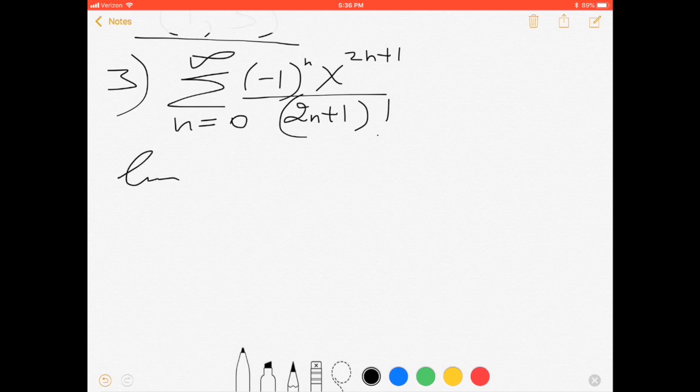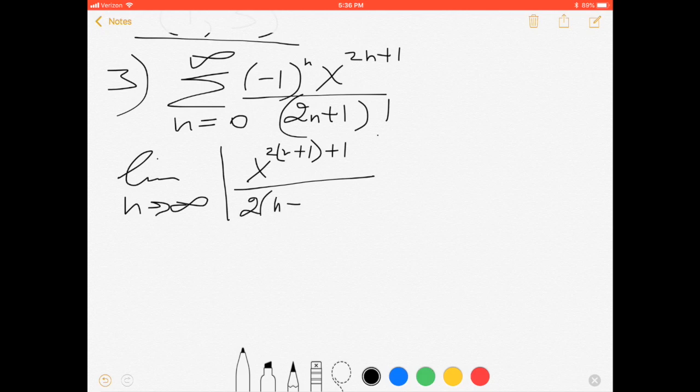You can write the limit as n approaches infinity of the absolute value. Because it's the absolute value, the negative 1 power we skip, and here we have x to the power 2(n plus 1) plus 1 divided by (2(n plus 1) plus 1) factorial.